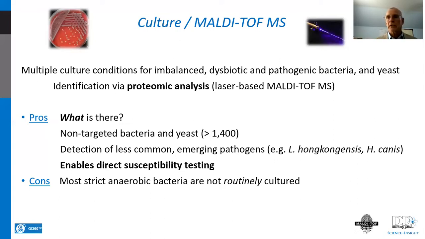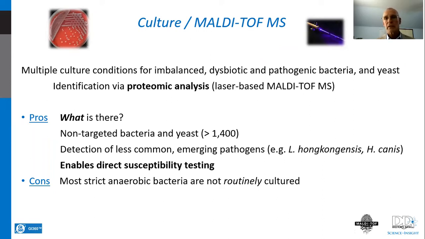We're throwing a broader net. And there we can identify the non-targeted, that is the non-PCR-based bacteria and yeast. And today, the reference library that we use with our proteomic analysis contains over 1,400 different genera and species of bacteria and yeast. And that allows us to detect the less common emerging pathogens.